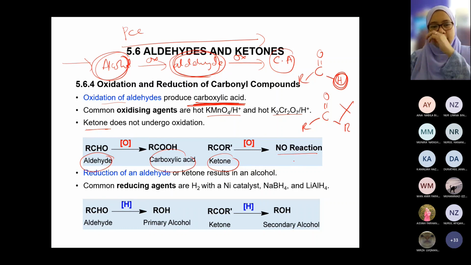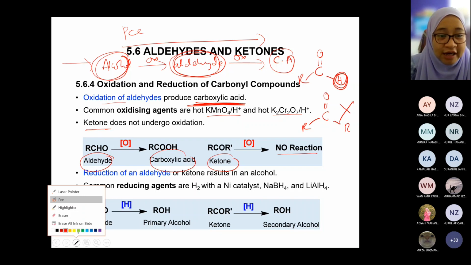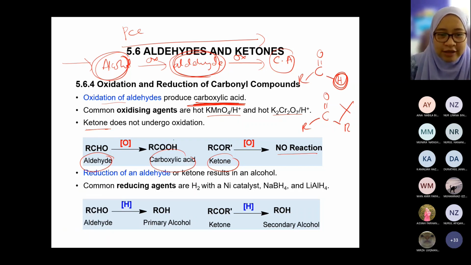Okay, alright, so ini kalau oxidation, guys. Ini kalau oxidation. How about if kita nak reduce? Dah oxidize, reducekan balik pula. Okay, kalau kita reducekan, apa produk yang akan terjadi? Dia reverse lah. Okay, kalau you reducekan this aldehyde, it will produce alcohol lah. Kalau you ada ketone, you nak reducekan. Okay.